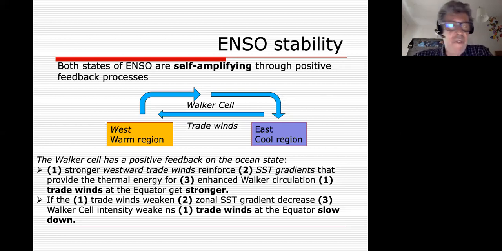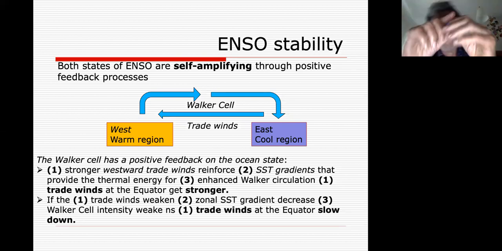So I speak often about El Niño, La Niña, because my interest and my expertise are related to the ocean. But I cannot forget to mention that the atmosphere plays a major role in developing, maintaining, and closing this phenomenon.